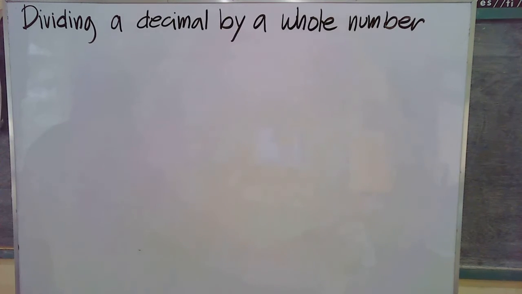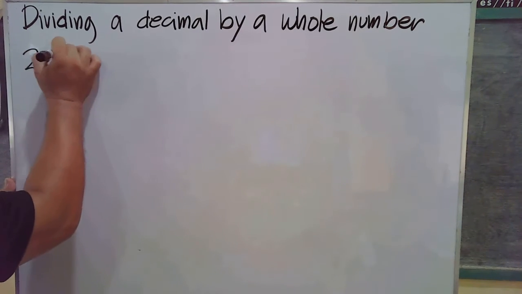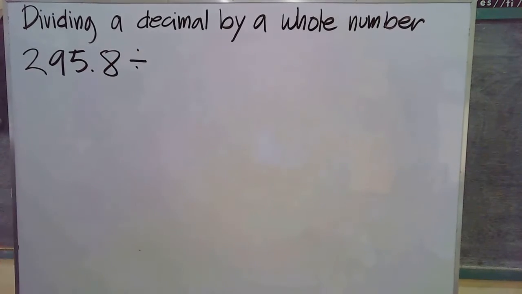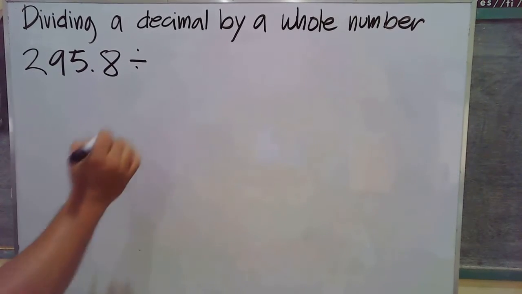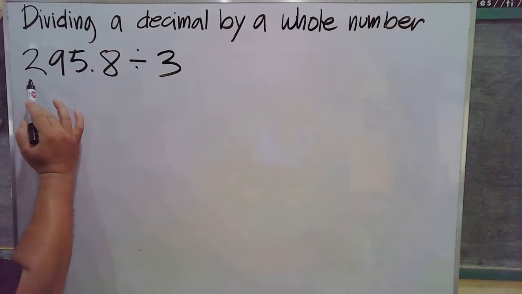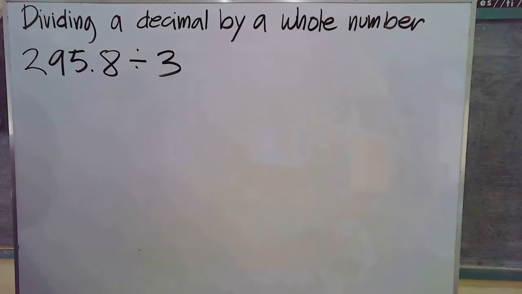So let's have 295.8 divided by 3. Okay? So we have here now a decimal number divided by a whole number.